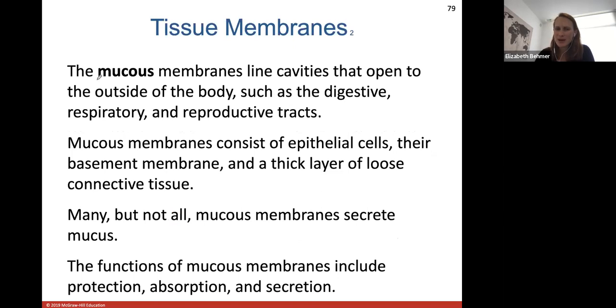A mucous membrane lines cavities that open to the outside of the body, like your digestive system, your respiratory system, and your reproductive tracts. And mucous membranes consist of epithelial cells, their basement membranes, and then connective tissue below them. Many, but not all, mucous membranes secrete mucus. And like we talked about mucus before, mucous membranes include protection.